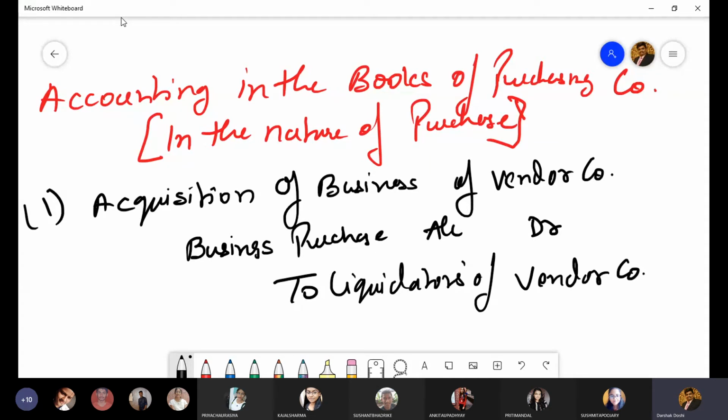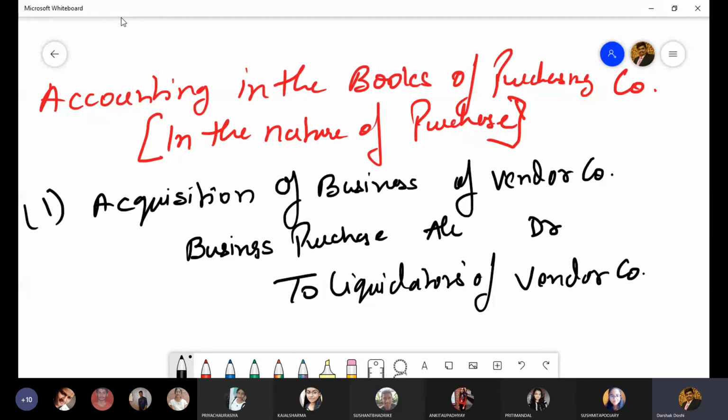Now, when we are purchasing the business from the liquidators of vendor company, liquidators of vendor company means those people who are helping the vendor company to close down its business. First, we pass a consolidated entry saying that we have purchased a business and we have to pay to the liquidators of vendor company.